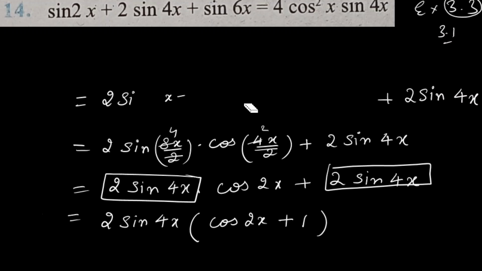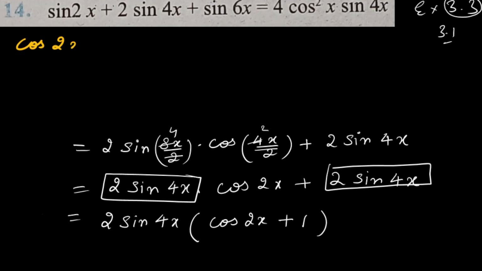So I am sure you have already noted down this thing. Okay, so cos 2x. We have a few formulas. So cos 2x is equal to cos square x minus sin square x.